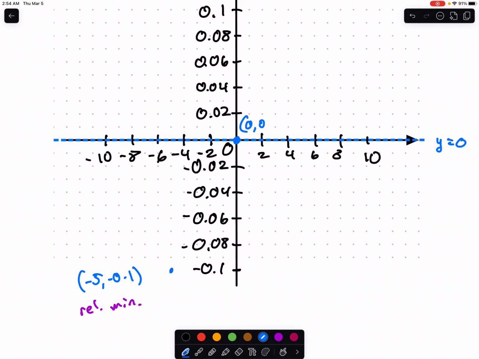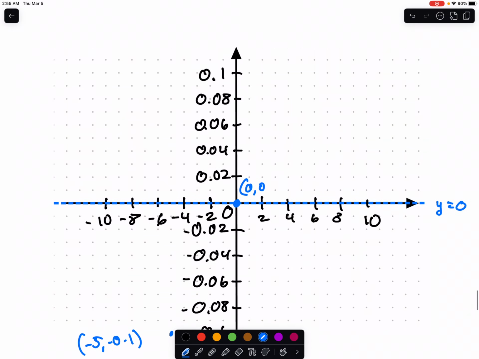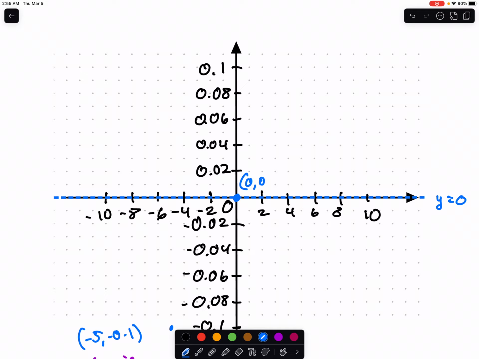We could do a test for symmetry. If we do our test for symmetry, it looks like we have y-axis symmetry. So when we get a point on one side, it looks like we're also getting a point on the other. 5 comma 0.1. I just need to confirm the test. I just haven't done it. 0.1 is here. So 5 comma 0.1.